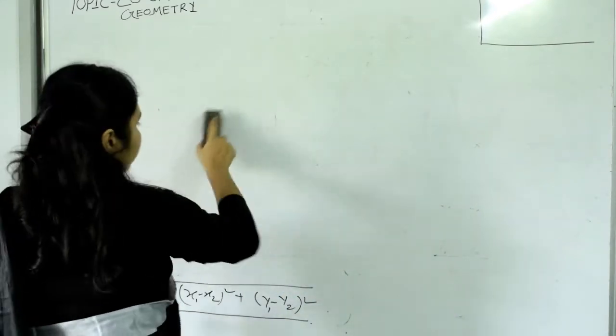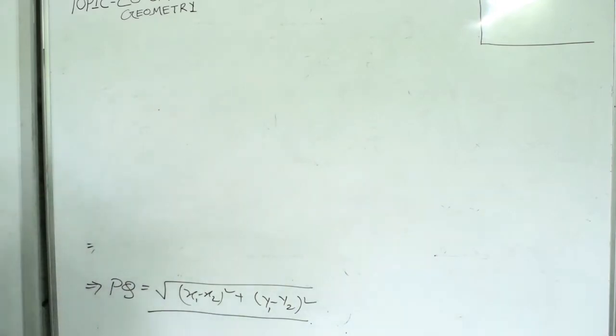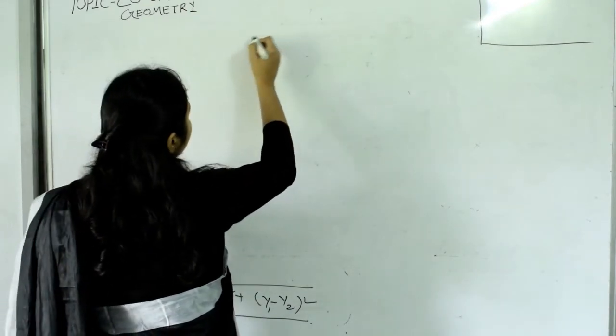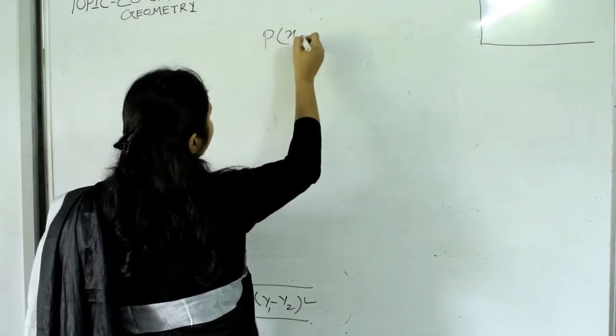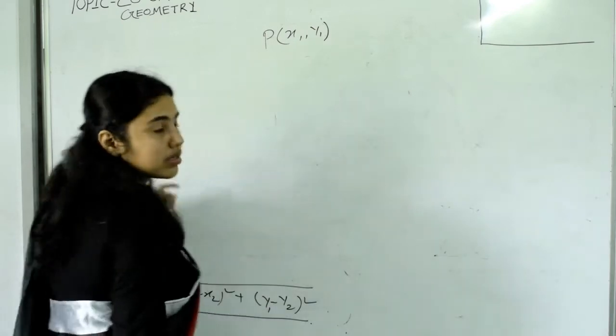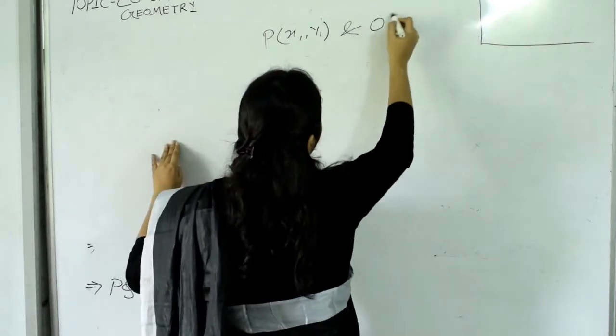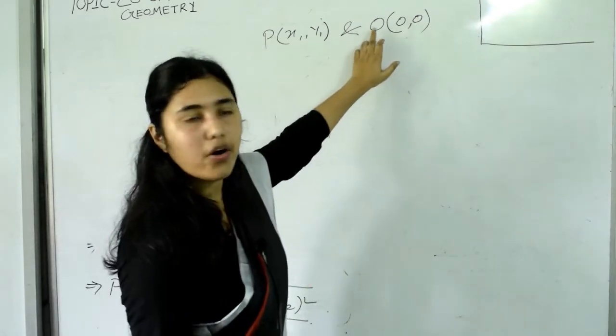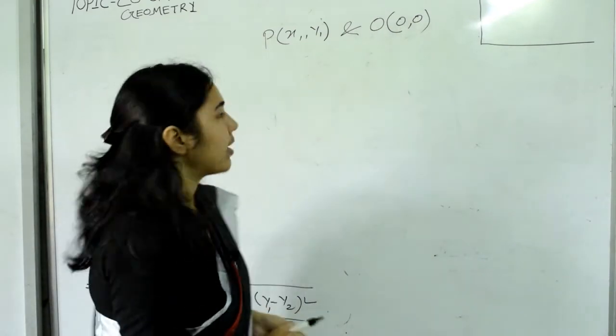So suppose, now tell me the distance between a point (x1, y1) and the origin, and we know that the coordinate of the origin is (0, 0), right?